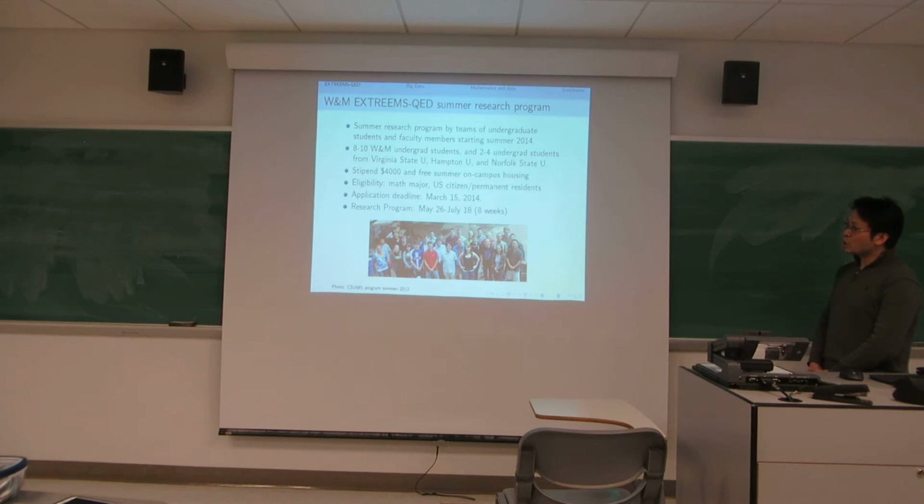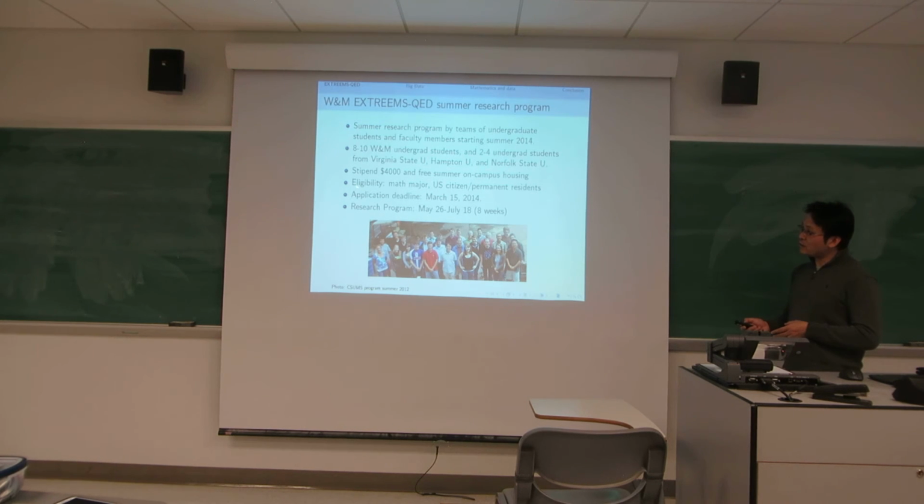We expect to give 8 to 10 William and Mary undergraduate students scholarships to do this research. They will get paid about $4,000 and free summer housing from the grant. The new thing is that we will also have 2 to 4 undergraduate students from other nearby universities join us for this research project.